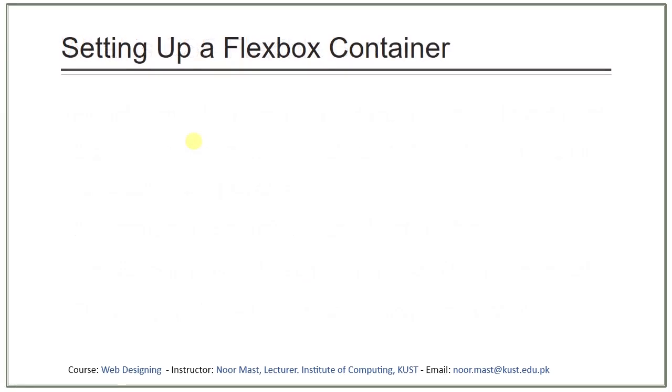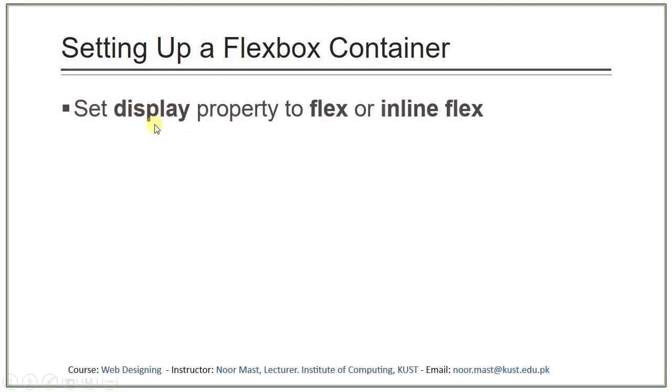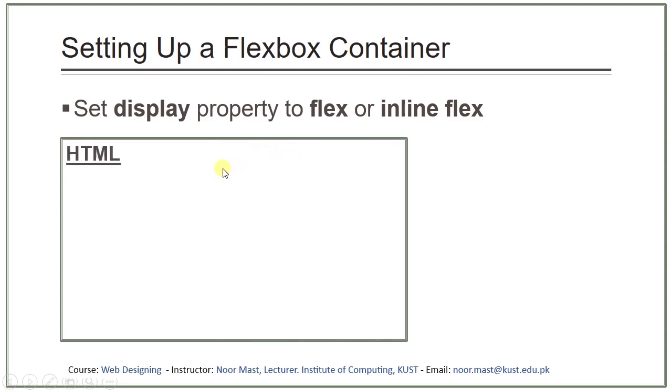Setting up a Flexbox container. To turn on Flexbox mode for an element, set its display property to flex or inline-flex. Look at these codes. Here we have a div element with ID container.